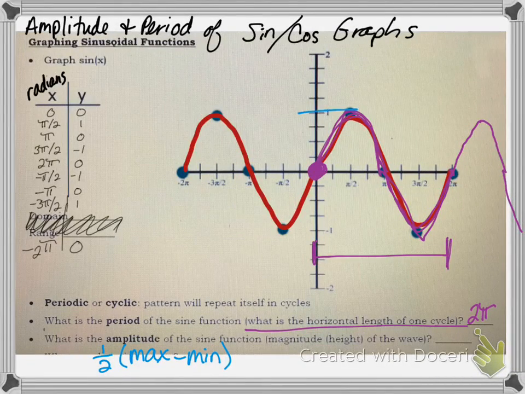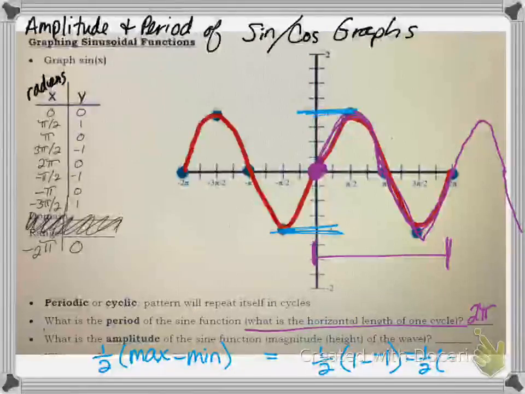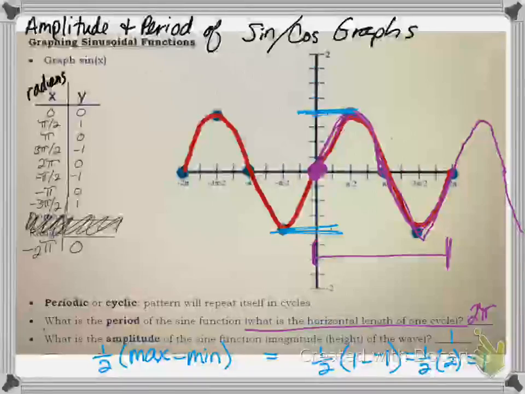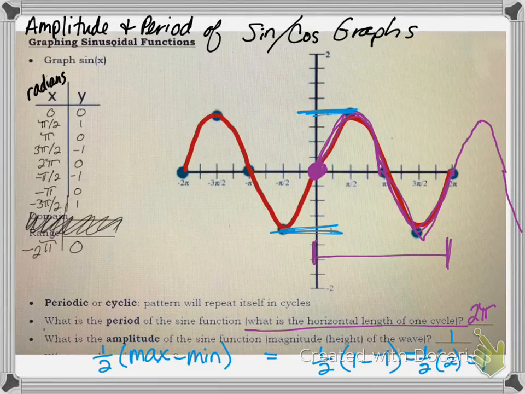My highest point is at 1, my lowest point is at -1. So I have 1/2 times 1 minus -1. That is 1/2 times 2, which is just 1. So the vertical height of the wave is just 1. You're subtracting the lowest point from the highest point and then cutting that number in half.